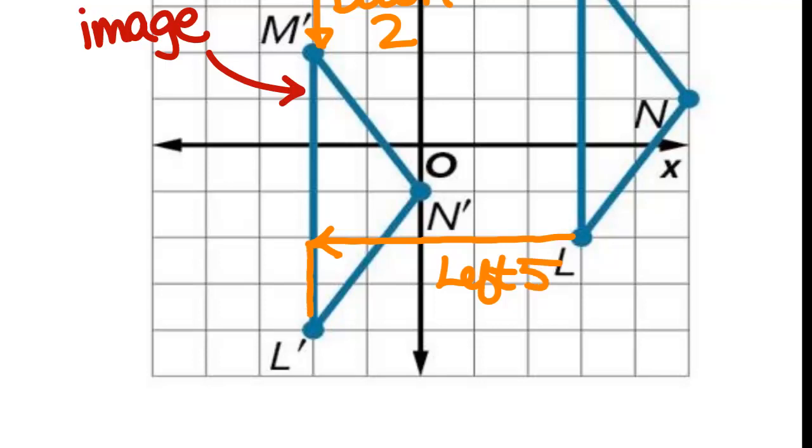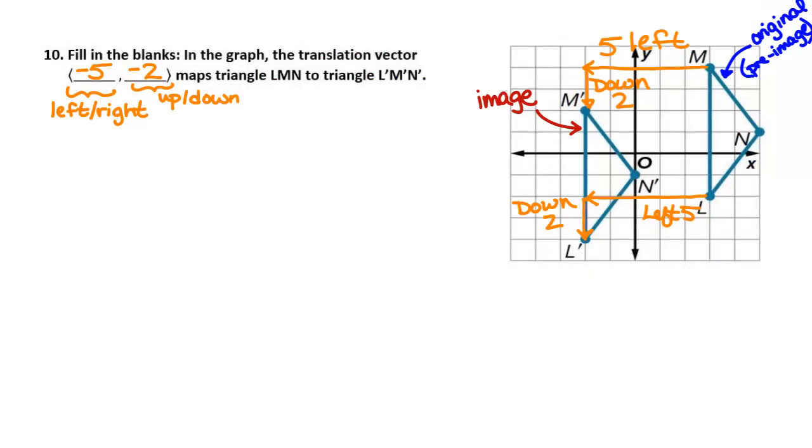And then 1, 2, down. I could do the same thing with point N. But what I'm trying to say here is it doesn't matter which pair of points you pick out. Again, they have to have the same letter, so I can't do M and L prime. It has to be M and M prime, N and N prime, or L and L prime. They have to match each other.